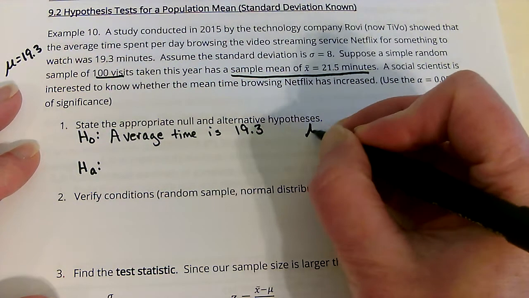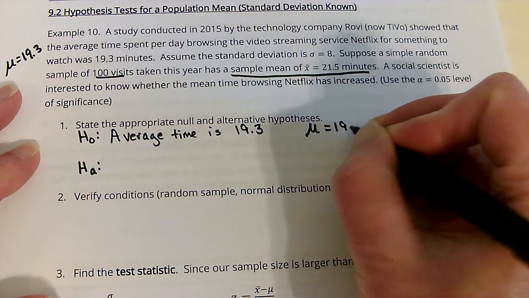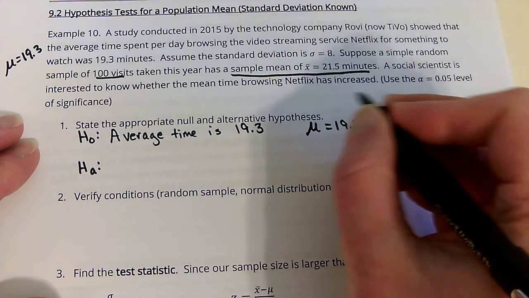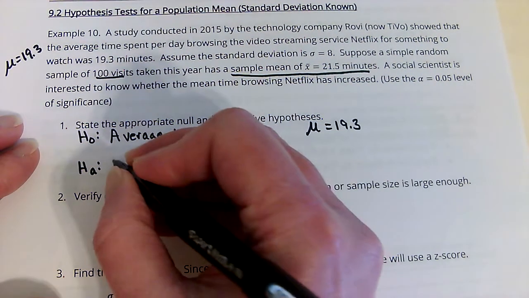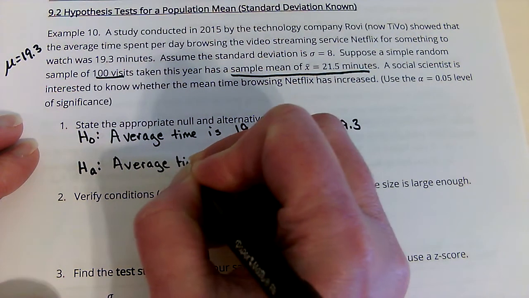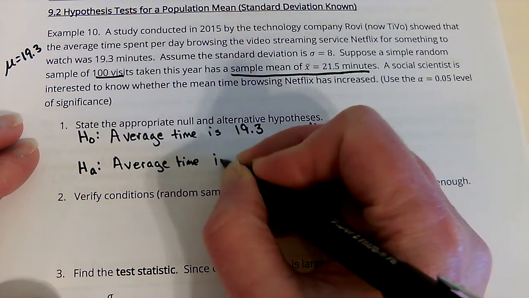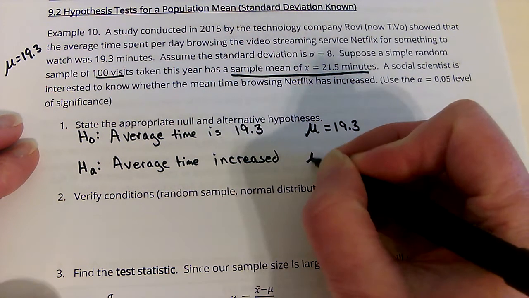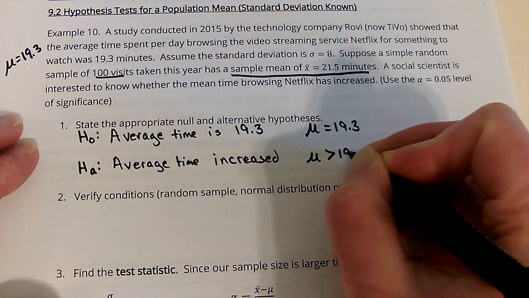In other words, the mean is still 19.3. The claim is that the average time increased. If it increased, it's greater than 19.3.